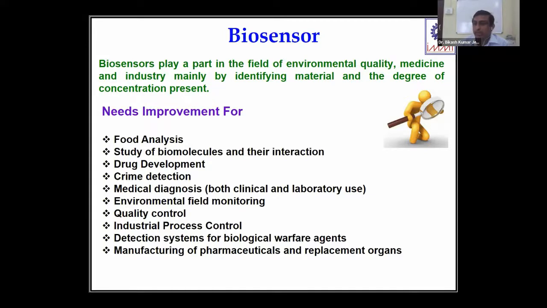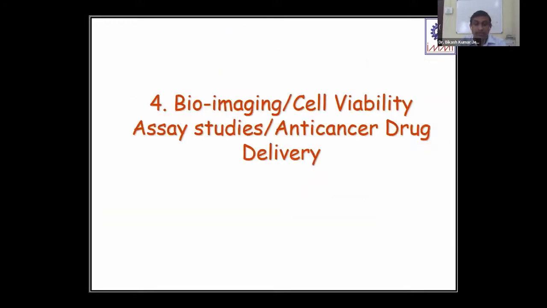Some molecules are used to commit crimes, and in forensic science sensing we also have to use electrochemical biosensors, as well as in environmental monitoring and medical diagnosis. There are a lot of applications of electrochemical biosensors. So you can generate good nanoparticles that increase the sensitivity and selectivity, and that will be good. A lot of work is going on in this direction, and nanoparticles have a lot of applications.